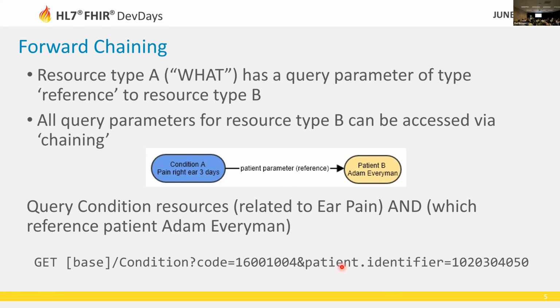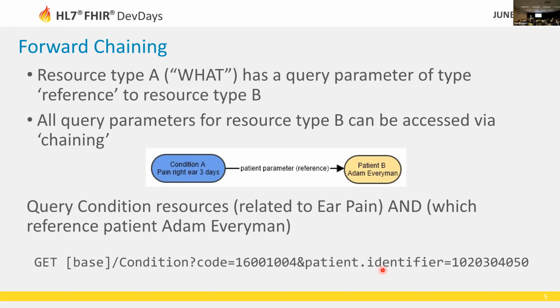So you might be noticing here that we are chaining our parameters. If you look closely, code and patient are actually Condition resource search parameters, and identifier is actually a Patient resource search parameter. And we could access this parameter because we are using the chaining concept here.